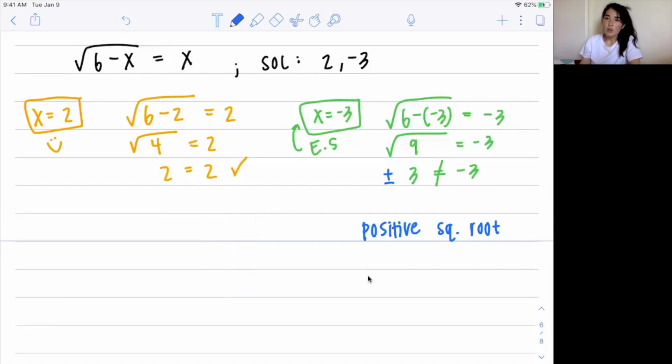I know it's confusing, all these weird math rules all the time, but as you are checking for that extraneous solution, you are going to be using only the positive value when you take the square root. So I know, more rules, but just something to watch out for.